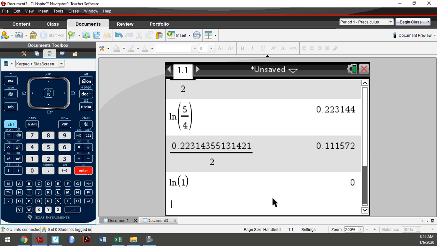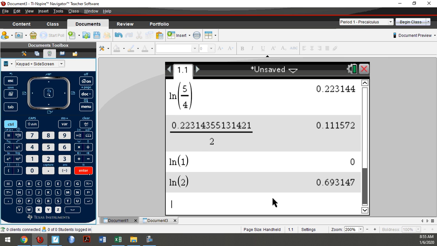We already know that the natural log of 1 is always and forever 0. And the natural log of 2 is going to be 0.693. So we have our 2 answers there. Do we understand that, yes or no? Okay.